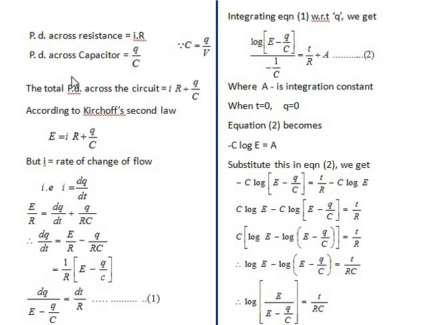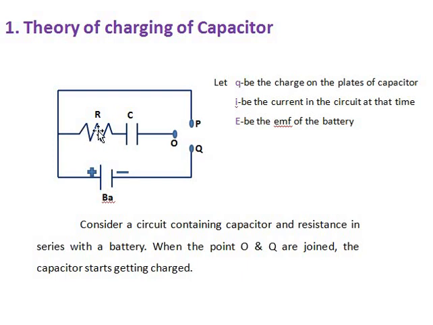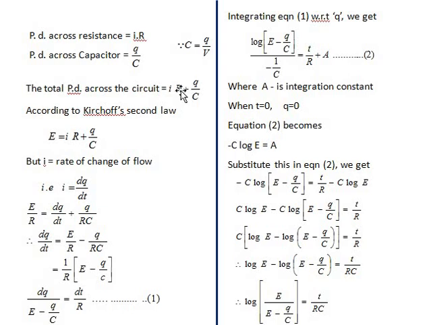So the potential difference across the capacitor is Q divided by C. The total potential difference across the circuit is the sum of the potential differences across the capacitor and across the resistor. So it is equal to IR plus Q divided by C.